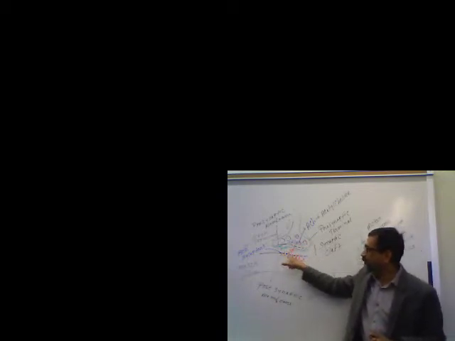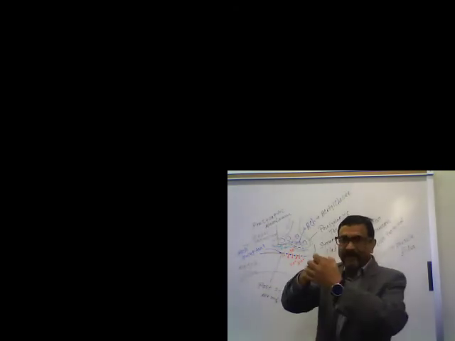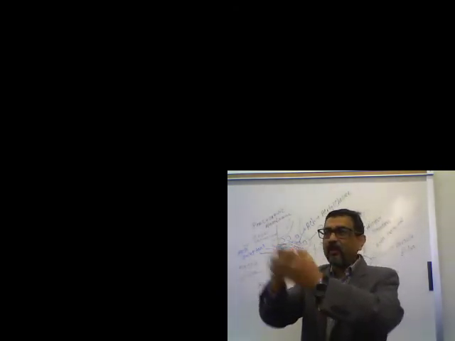These receptors are ACH receptors, so ACH molecules will bind with the receptors, like putting the key in the lock. That will open the sodium channels. So when the sodium channels get opened, sodium ions will get in.